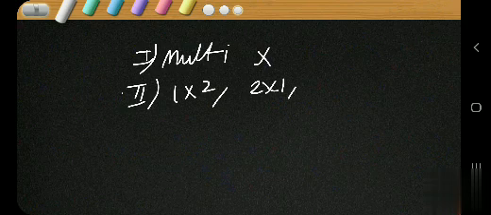Then a number has unlimited or endless multiples, or an infinite number of multiples. And the fourth property is that every multiple of a number is either equal to that number or greater than that number. These are the four properties of multiples.